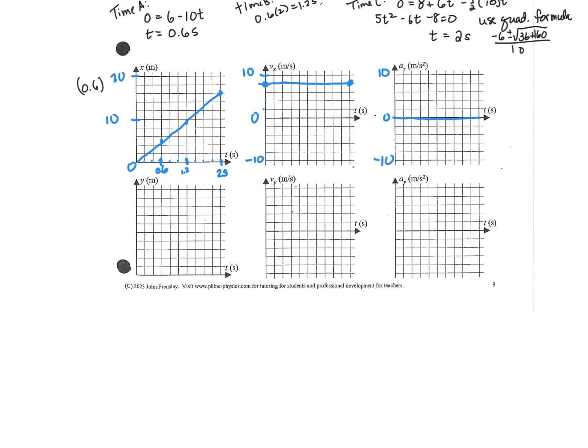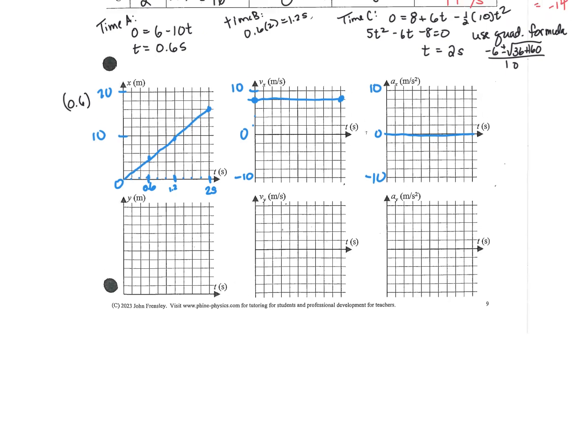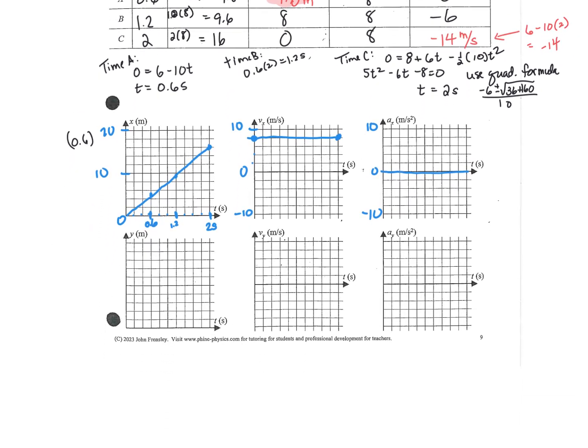So this is vertical. Vertically, we know it started at 8. I'm going to start at 0, 1, 2, 3, 4, 5, and 10's here. So it starts at 8, goes up to, and 0.2, 0.4, 0.6 seconds, 0.8, 1, 1.2, and 2 seconds is here. So this is our time.